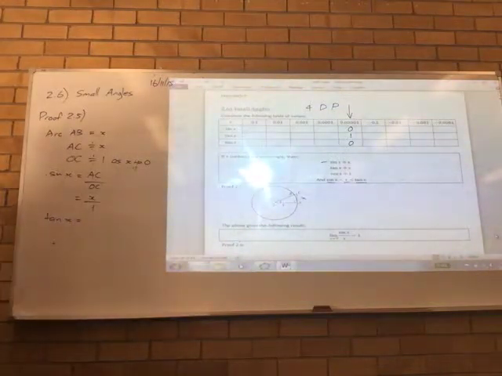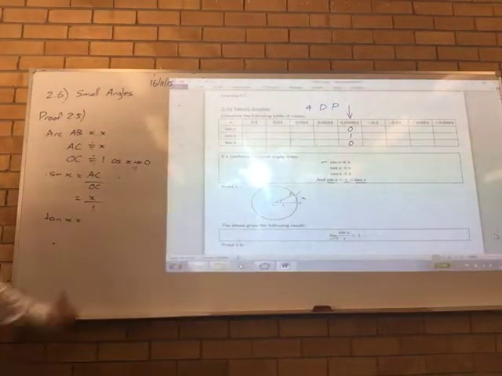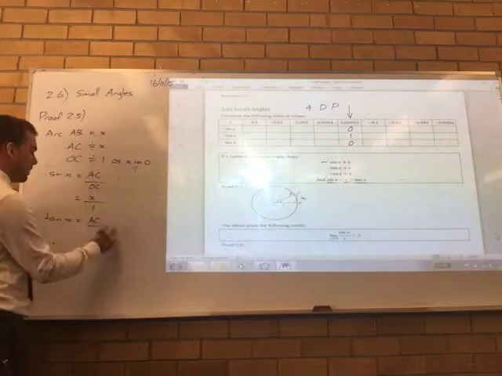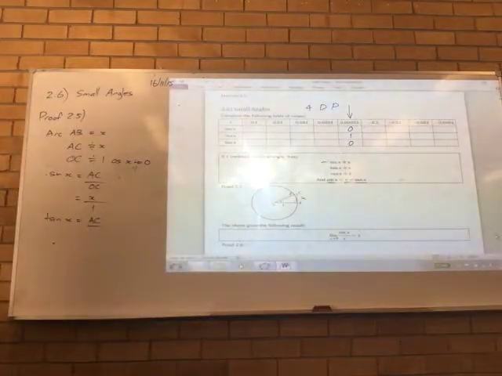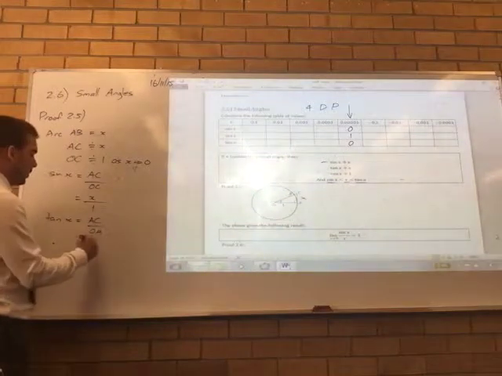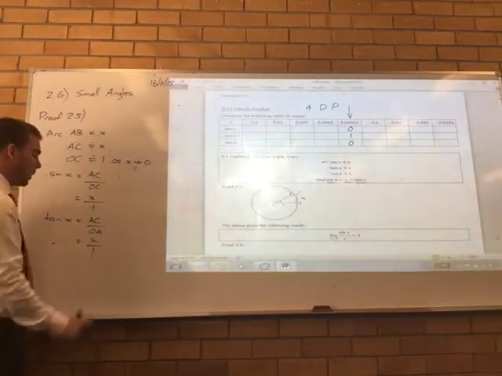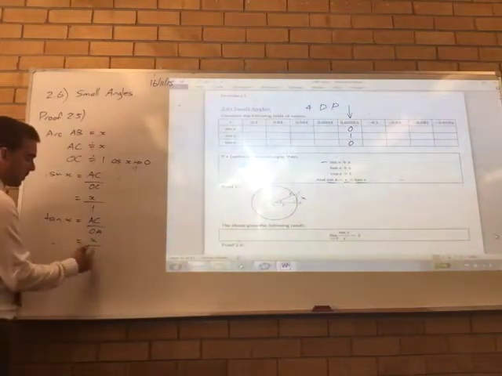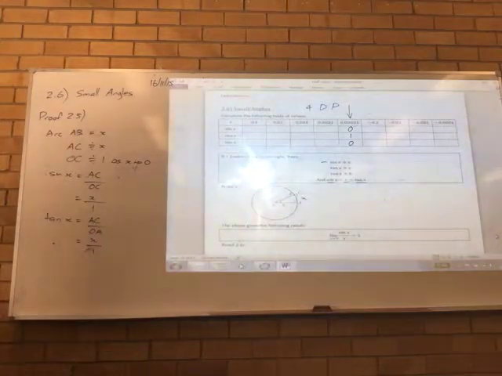So tan of x is the opposite AC over the adjacent OA, and again, it's x over 1. So that's that result. Tan of x, as x is small, will also give approximately that same value.